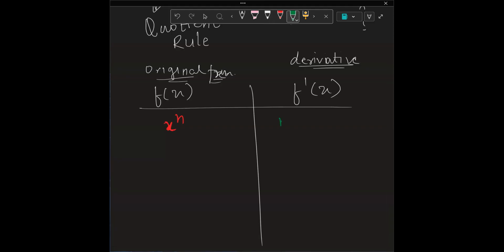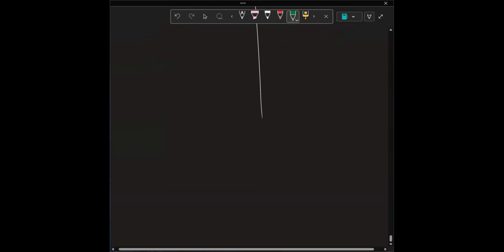Your power n comes at the start, and x power n minus 1 remains. This is the formula for the differentiation of x power n. Understood? x power n.